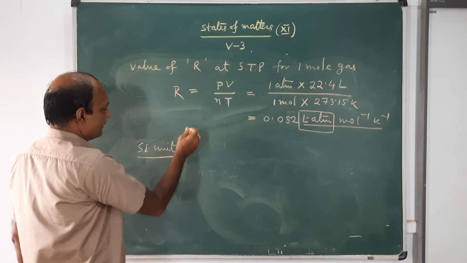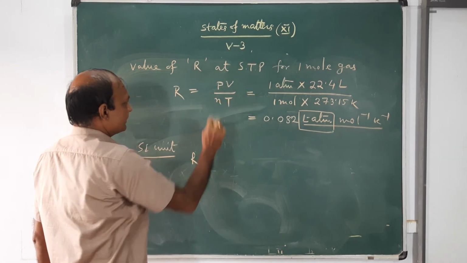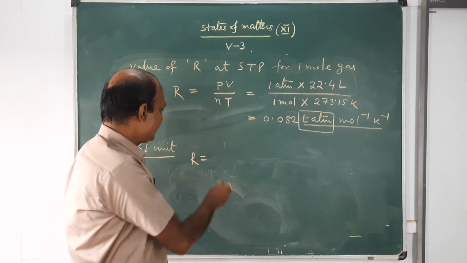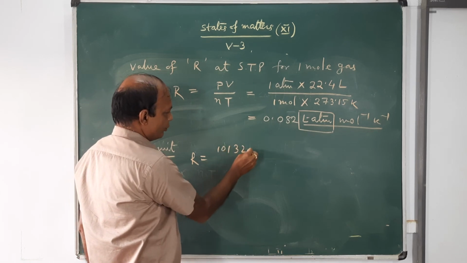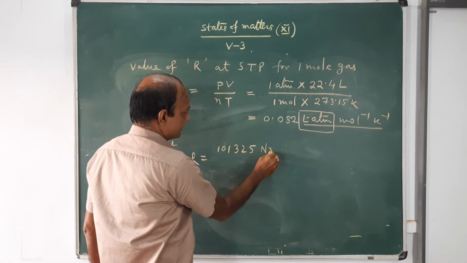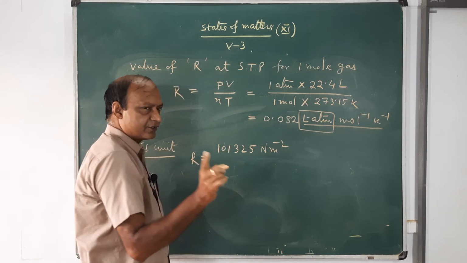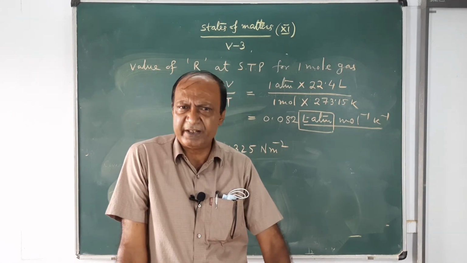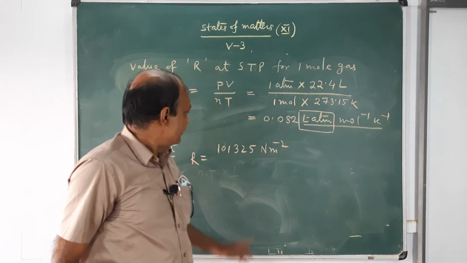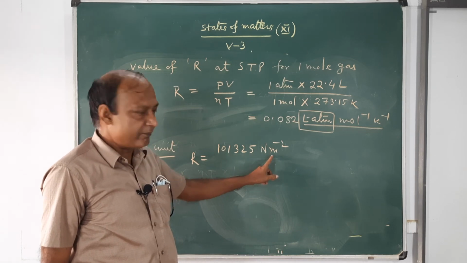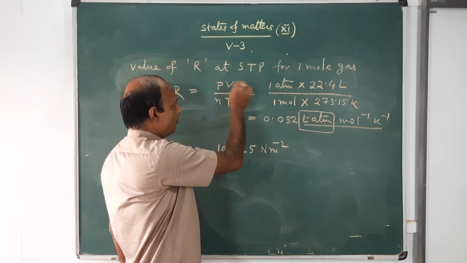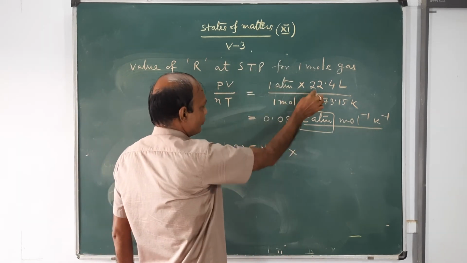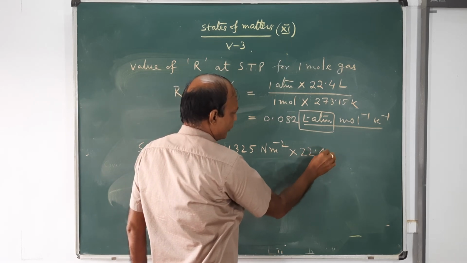If you want to calculate R in SI unit, R equals pressure, 1 atmospheric pressure. You know what is the value in SI unit, 101325 Newton per meter square. Last class our calculation was wrong; I have discussed it in our lecture class. So 101325, the rounded up value, Newton per meter square, is the 1 atmospheric pressure at STP, into volume, which equals 22.4 liter.